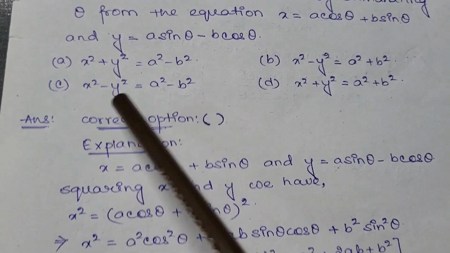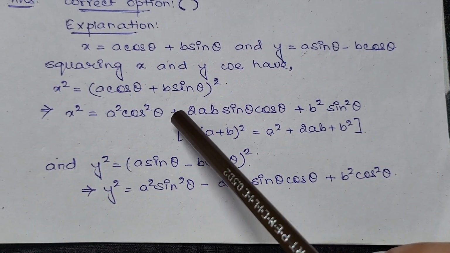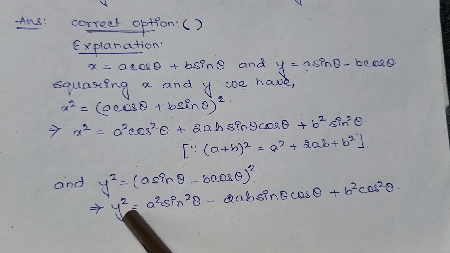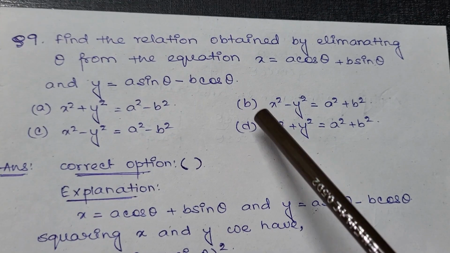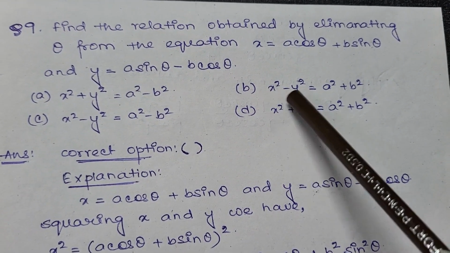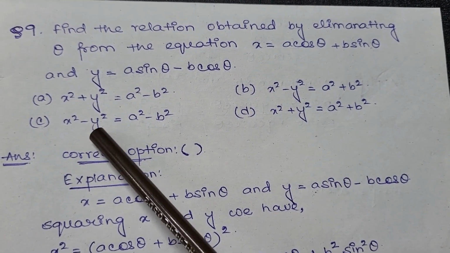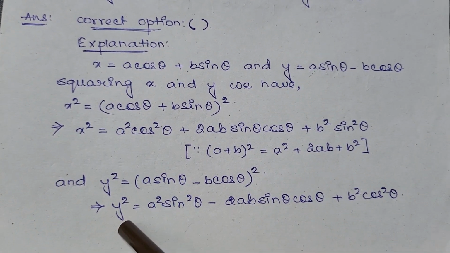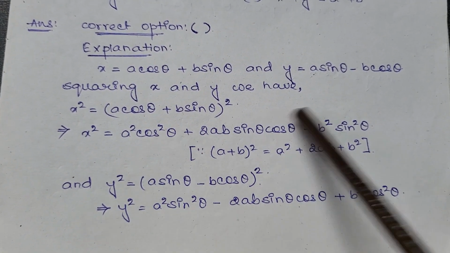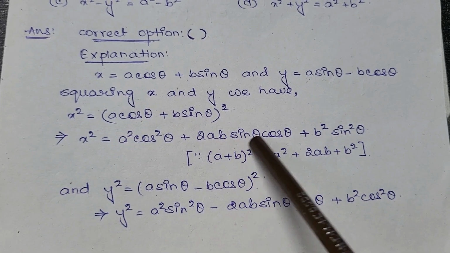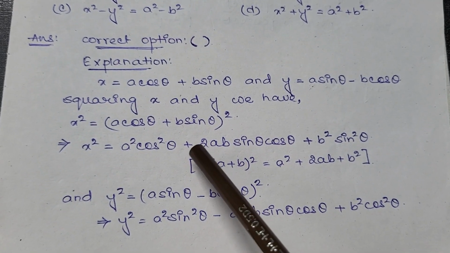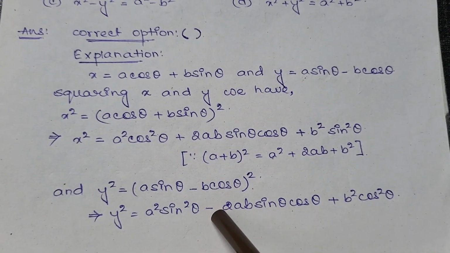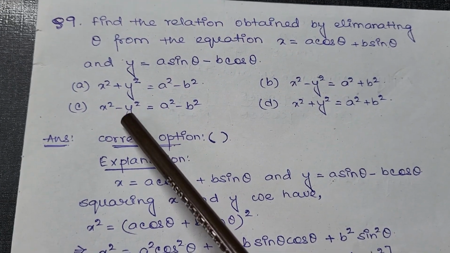But if we subtract y square from x square, because every option here has x square minus y square, then let's just talk about this term here. It becomes a plus 2ab sin theta cos theta, and this minus with a minus here becomes a plus.